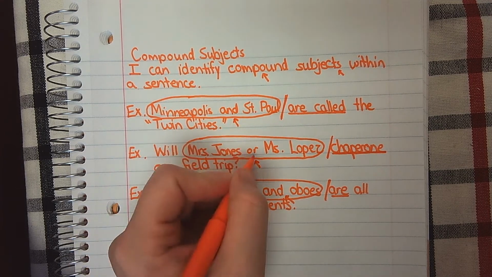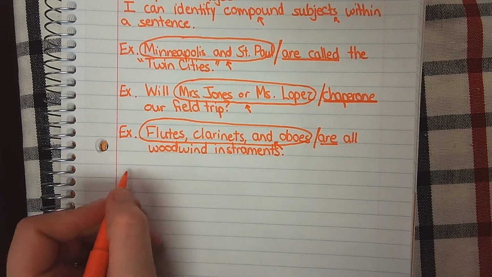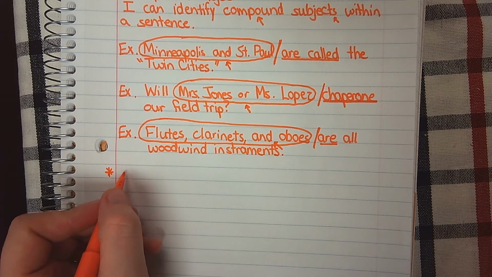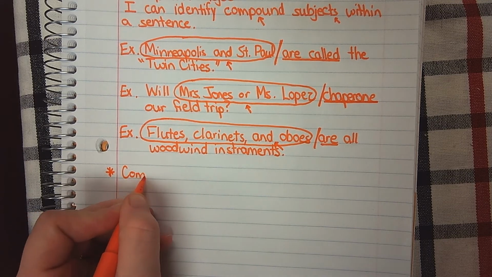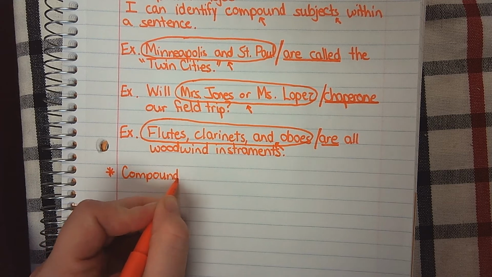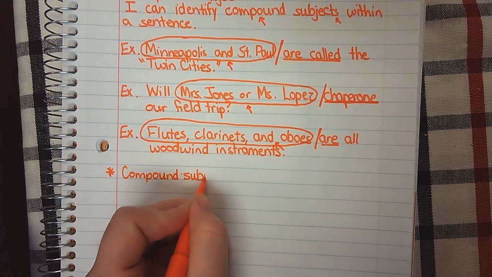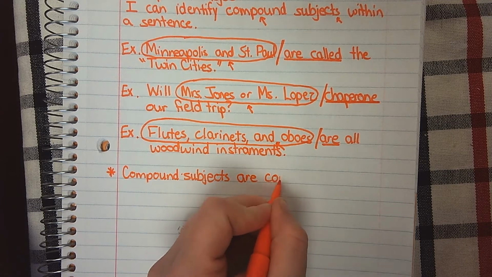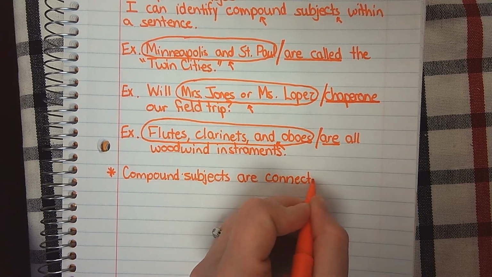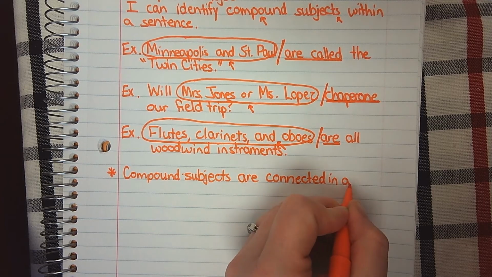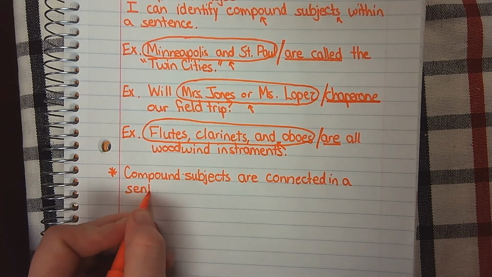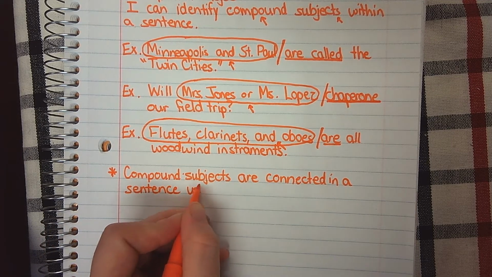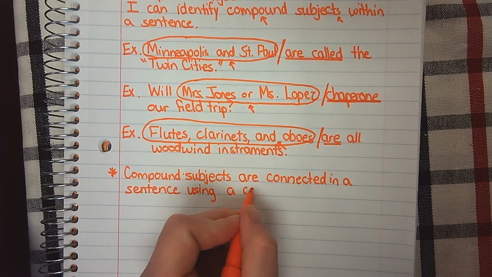Let's write it like this: Compound subjects are connected in a sentence using a conjunction.